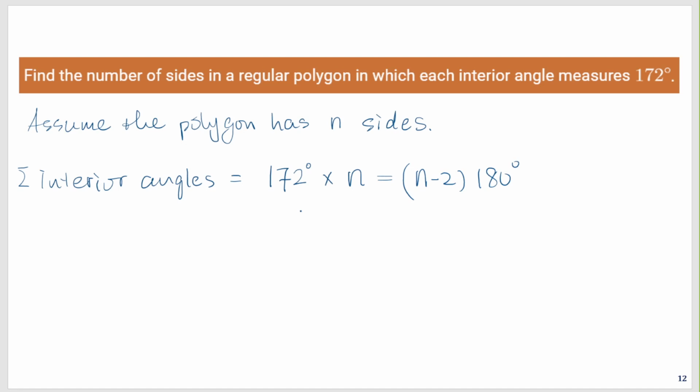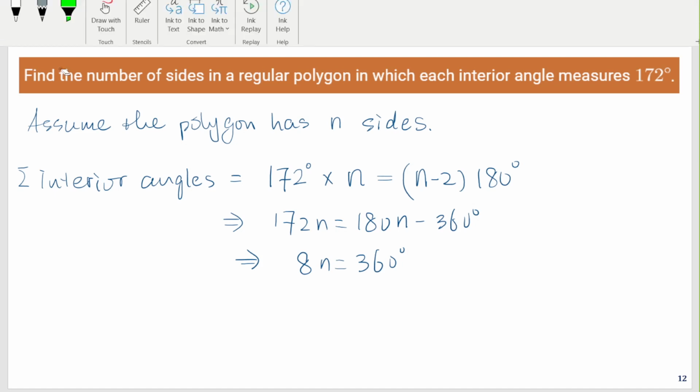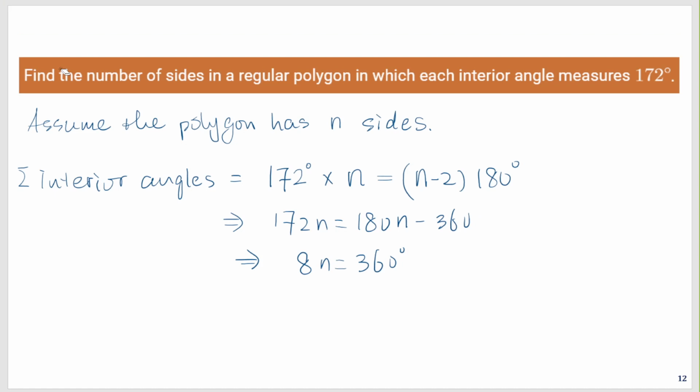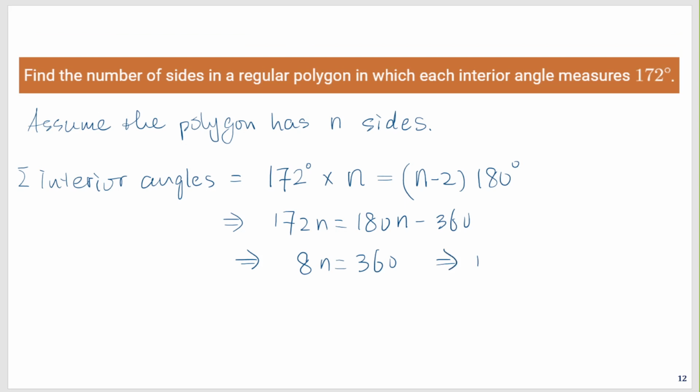Again, we have one equation and one unknown variable n, so we can solve for n, which means 172n equals 180n minus 360, and 8n equals 360. Sorry, I should not write the unit here. And therefore n equals 45, right?